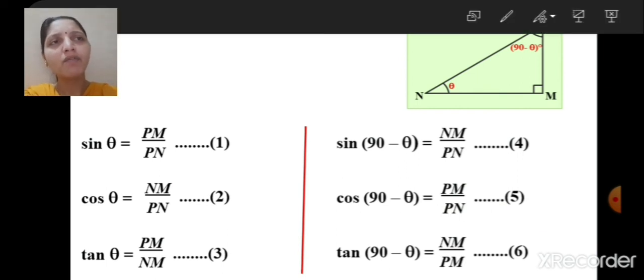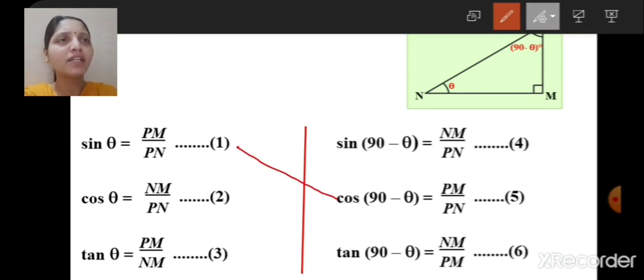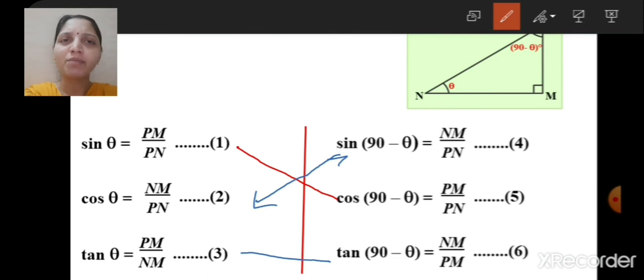Now if you observe all these equations, you can see that sin theta and cos 90 minus theta have the same ratio, that is PM upon PN. Similarly, cos theta and sin 90 minus theta have the same ratio, that is NM upon PN. And if you multiply tan theta and tan 90 minus theta, you will get the answer as 1.